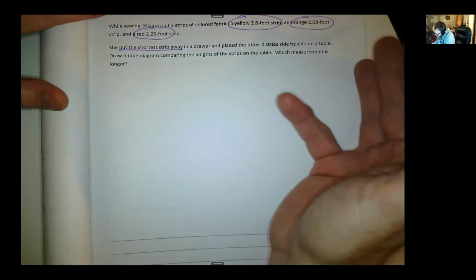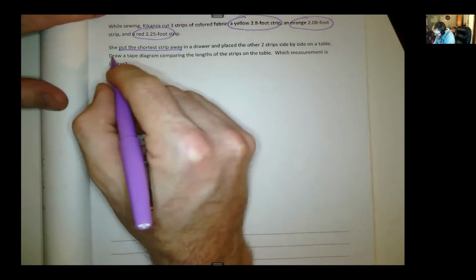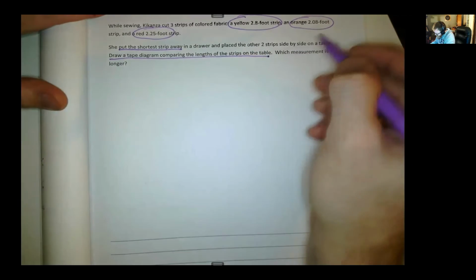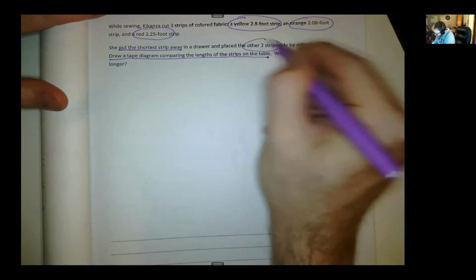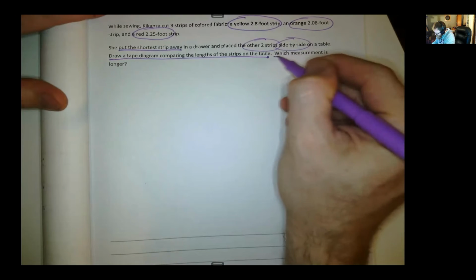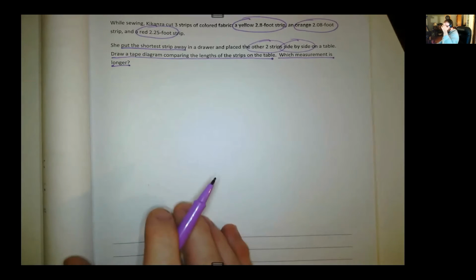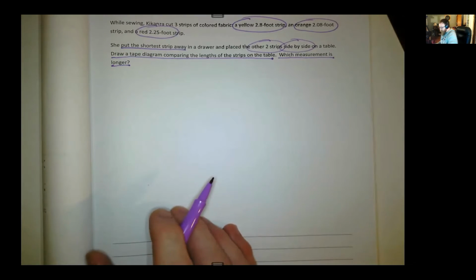So whatever is shortest, we need to eliminate it completely, and then we need to draw a tape diagram comparing the lengths of the other 2 strips side by side. Which measurement is longer? So we need to find the longest and the shortest. Basically, we need to compare all 3 of these strips and understand how they relate to each other.